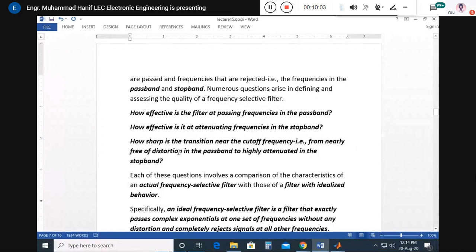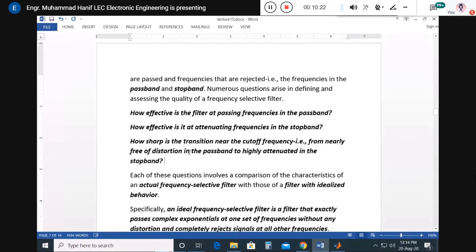अब यहाँ पे एक term use होता है transition bandwidth, कि जो आपकी transition क्या है कि आप एक बाउंड्री से दूसरी बाउंड्री पे, so जो transition it should be very sharp. Means from stop band to pass band or from pass band to stop band.